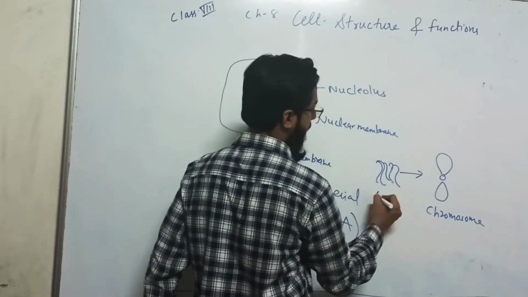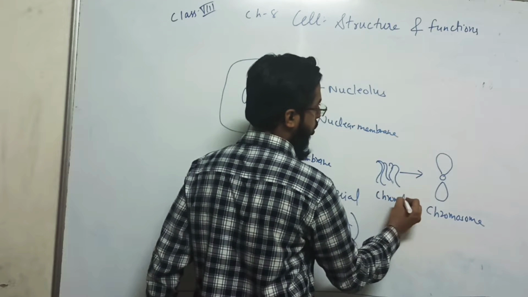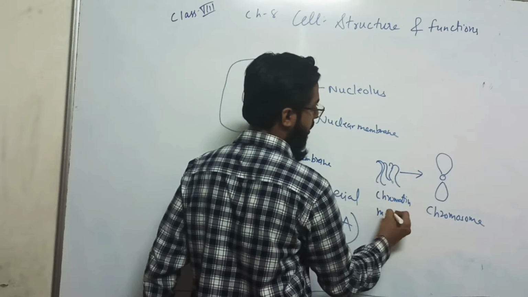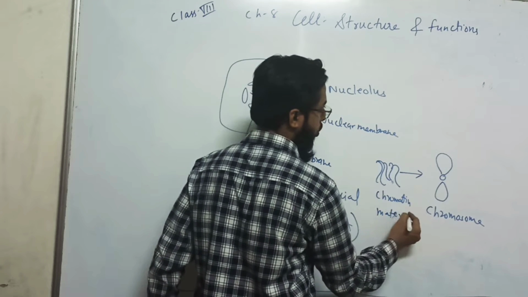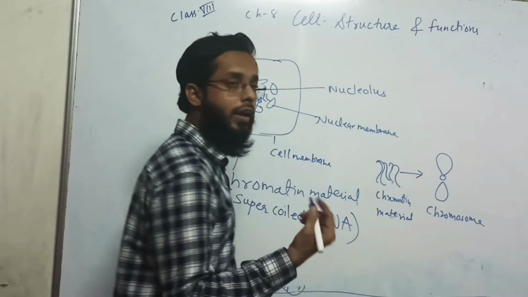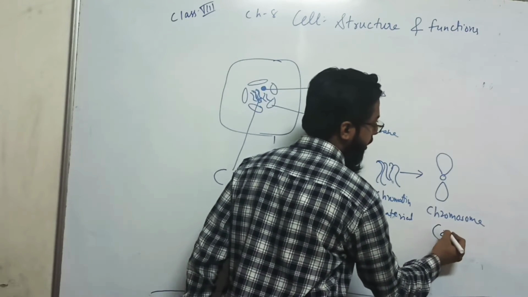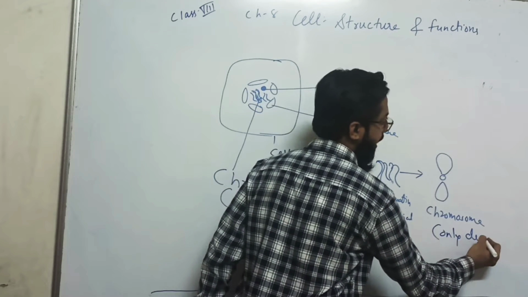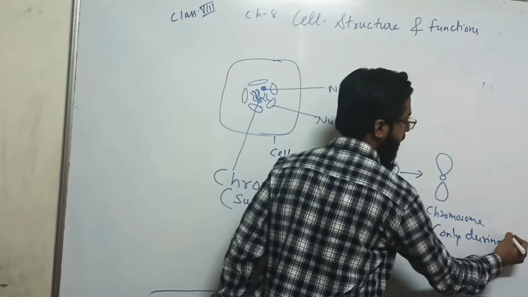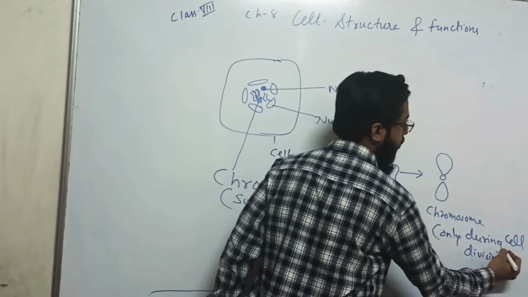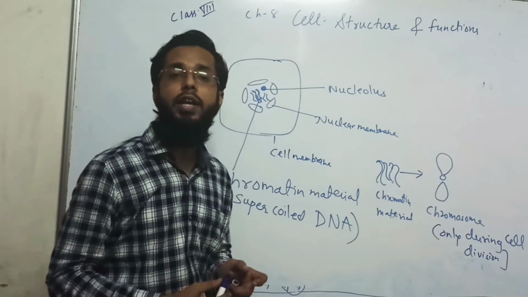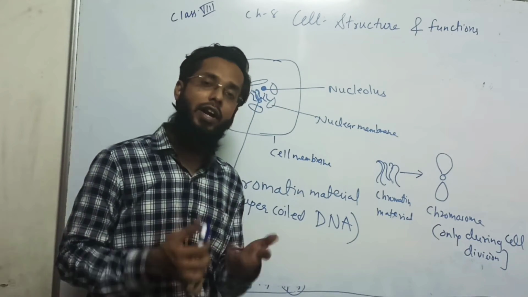Chromosome. This chromatin material changes its shape to chromosome only during cell division. So chromosomes are only seen when the cell is dividing.